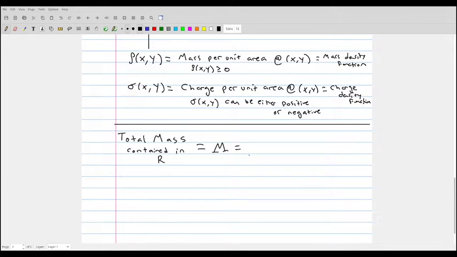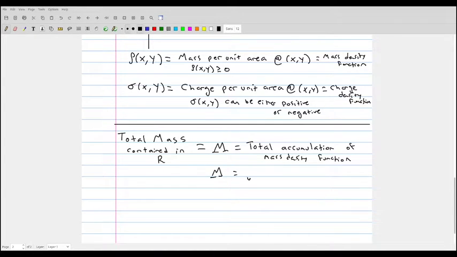But this is exactly the total accumulation of the mass density function, which we directly know how to compute.